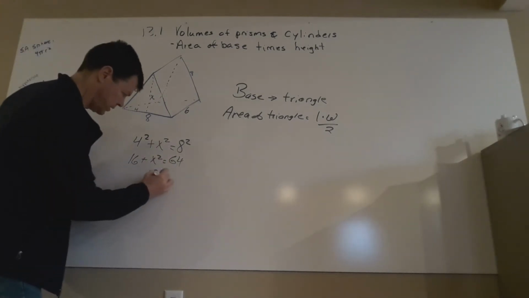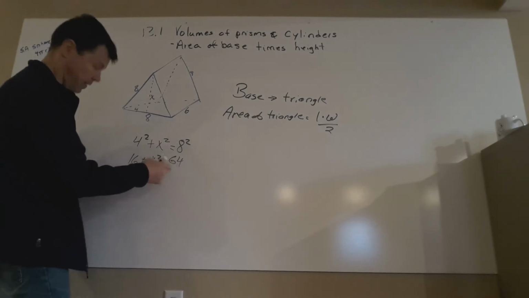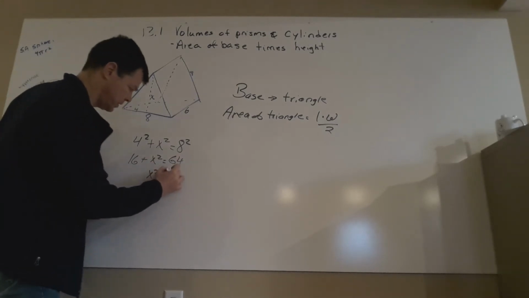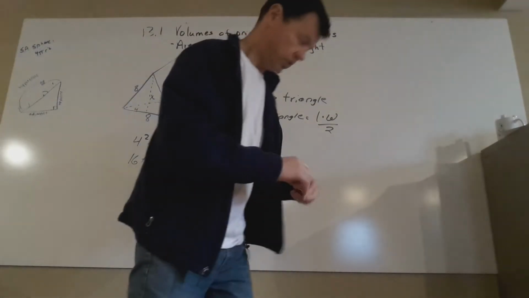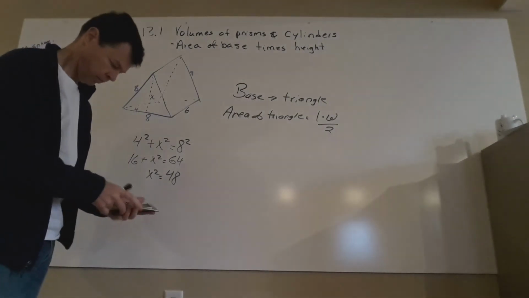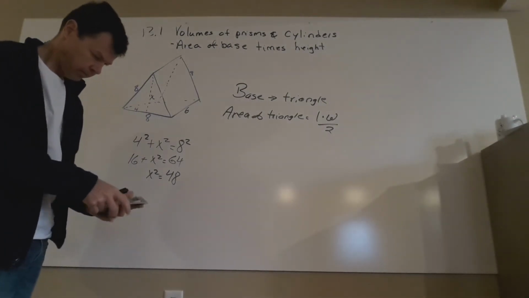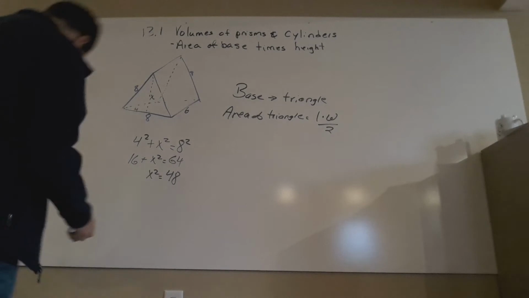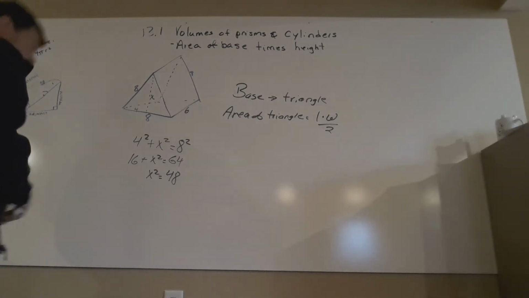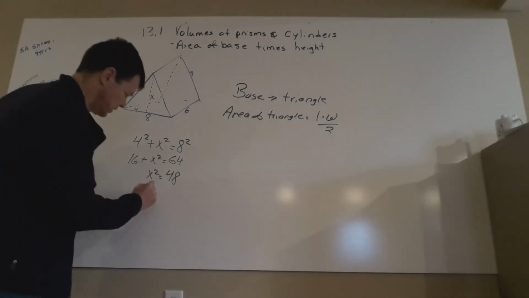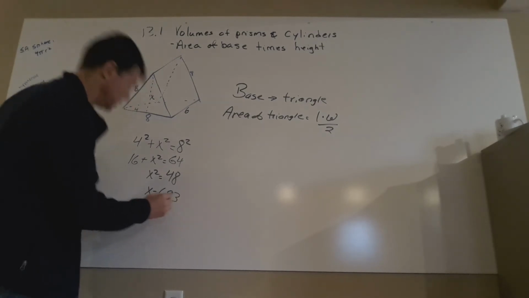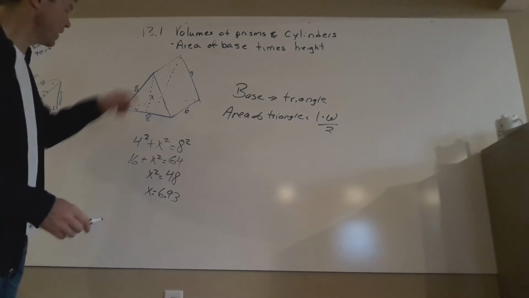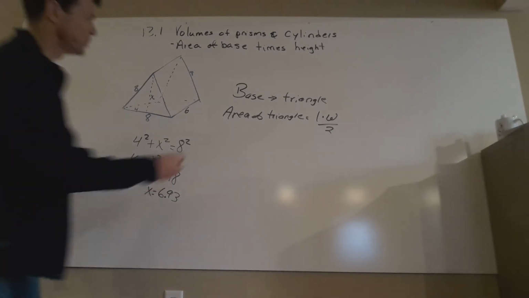You have x squared equals 48. Take the square root of 48, it's almost 7. Square root of 48, 6.928. We'll just call it 6.93. So x equals 6.93. 6.93 is the height of that triangle, which is the base.